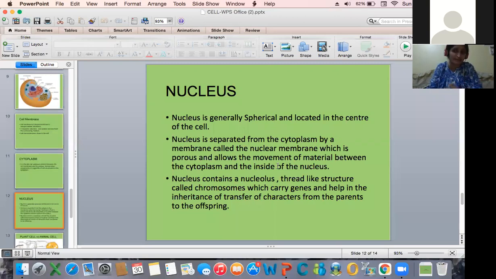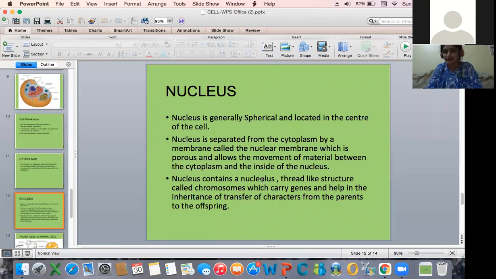In the center of the nucleoplasm there is a dark, spherical structure called the nucleolus. Around the nucleolus you will find chromosomes which contain the genes responsible for the transfer of characters from the parent to the offspring.